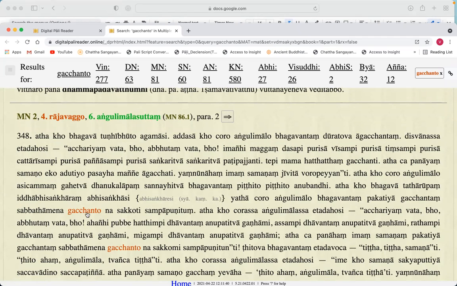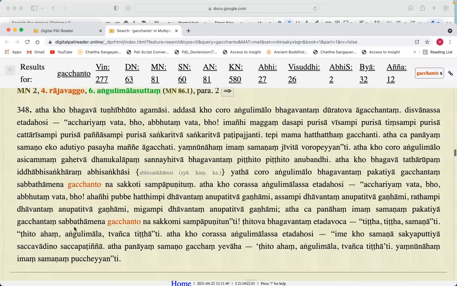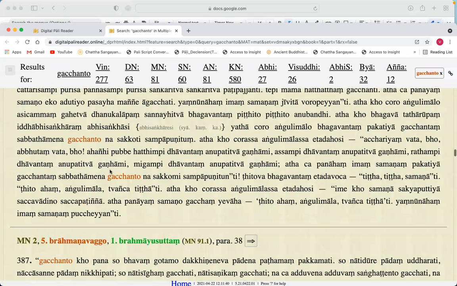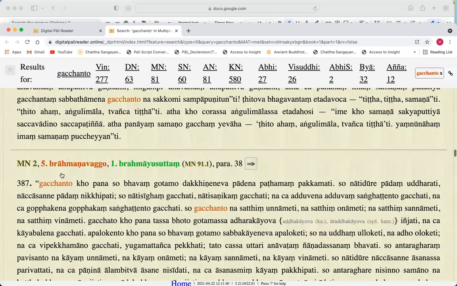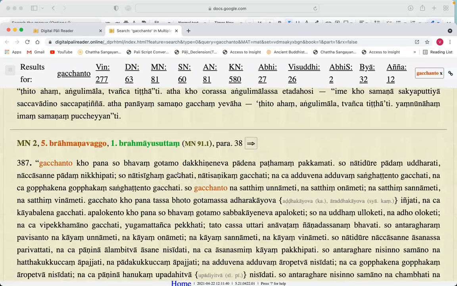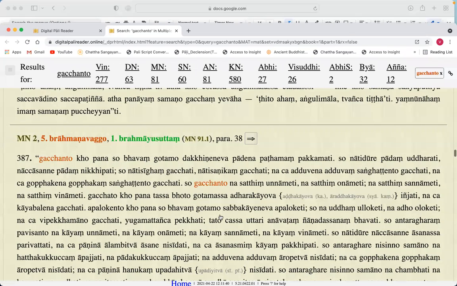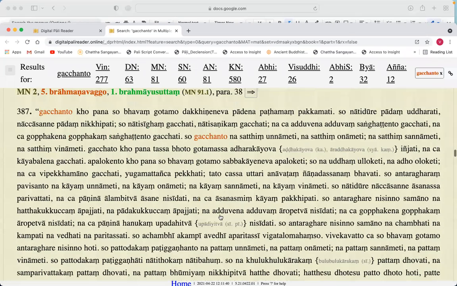Inguli malo, joro, inguli malo, gichando, also singular. Then the next one is Brahmana Vagga, Brahma Yu Samyutta. Gichando ko bana, bawan godamo, also singular. Gichando, na sate onameti, also singular. So now in Digha Nikaya and Majjhima Nikaya, all of them are singular.